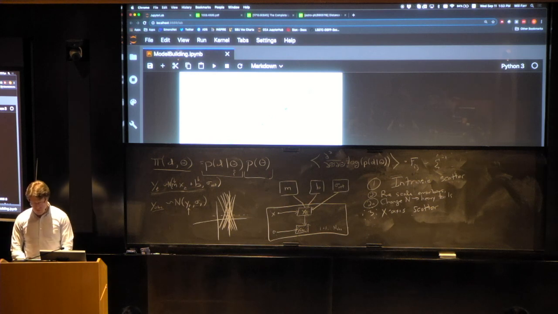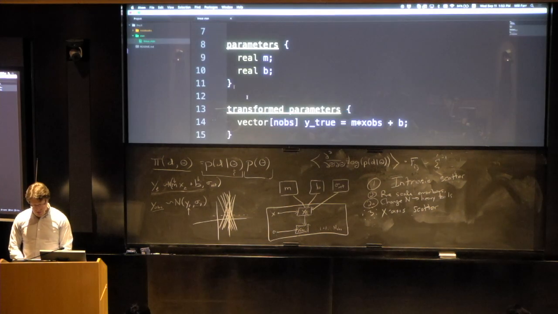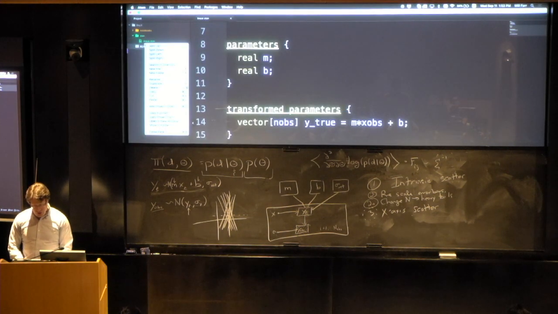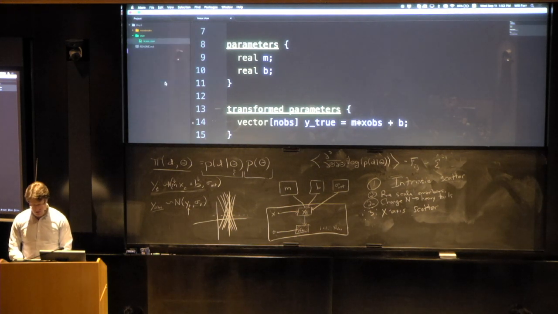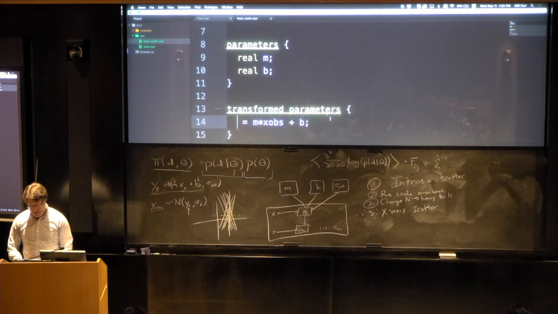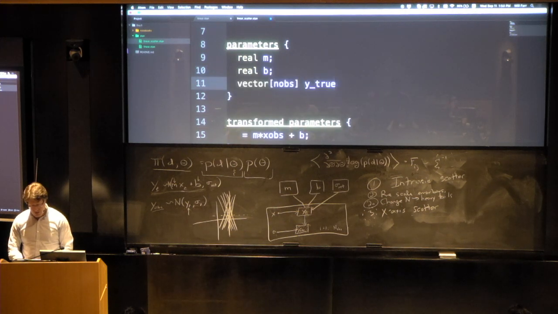So let's code that up. Now we're going to do what you really shouldn't do, and we're just going to copy this file and name it something new. Okay, so now here, it really is the case that yTrue is a parameter.